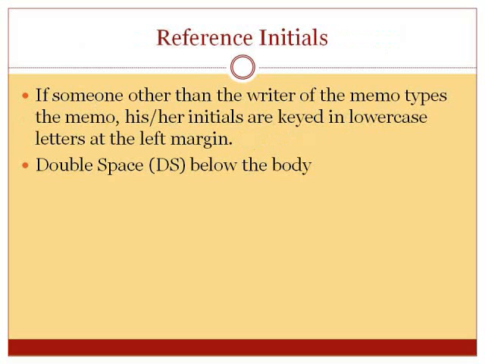One of the optional parts of a memo is called reference initials. Reference initials are used if someone other than the writer of the memo types the memo. If this occurs, the person who is typing the memo keys his or her initials in lowercase letters on the left margin, double space below the body of the memo.